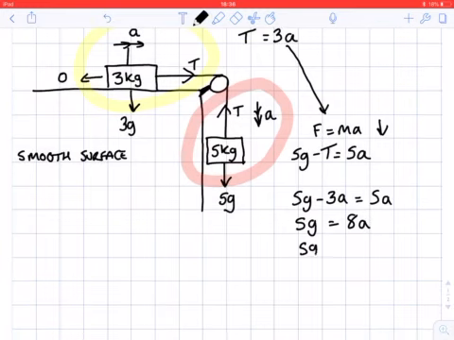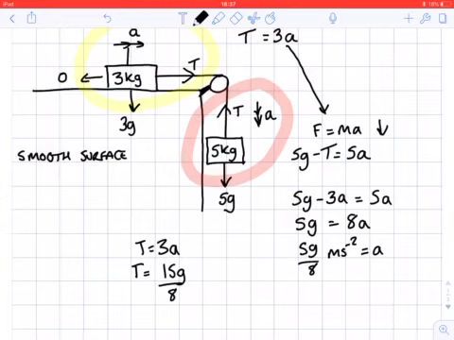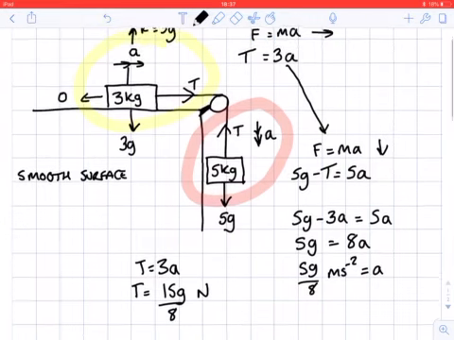So 5g divided by 8 ms to the minus 2 is my acceleration. Now, I already know that T is equal to 3 times acceleration, so T is going to be 15g divided by 8. That's 3 times 5g over 8 newtons. And therefore, my solution is quite straightforward.